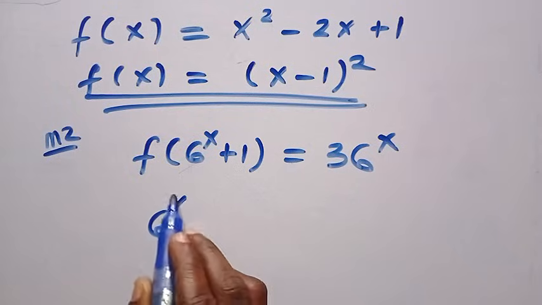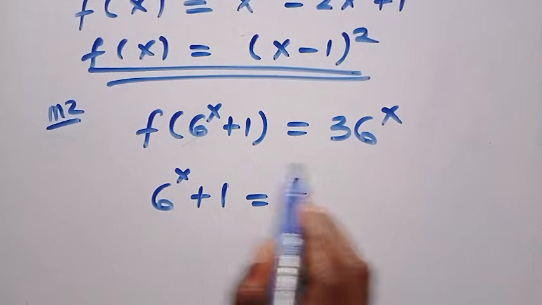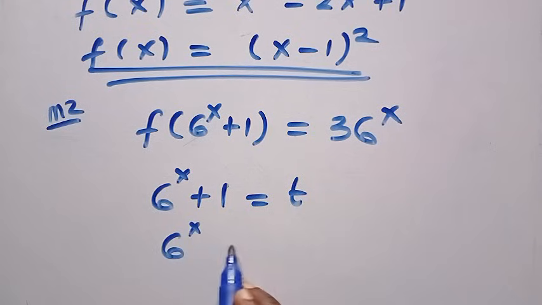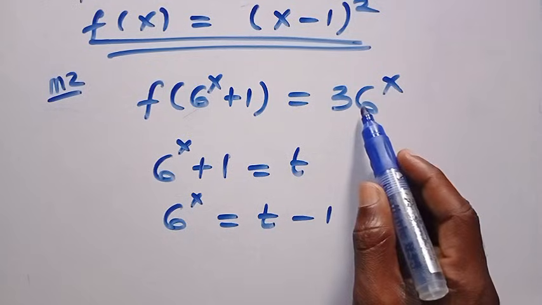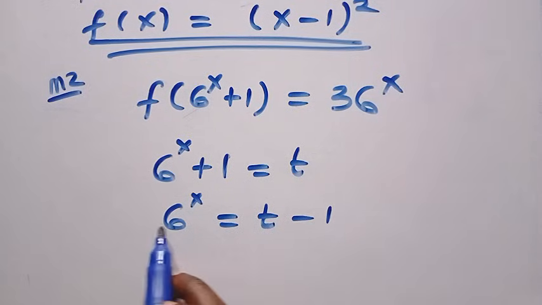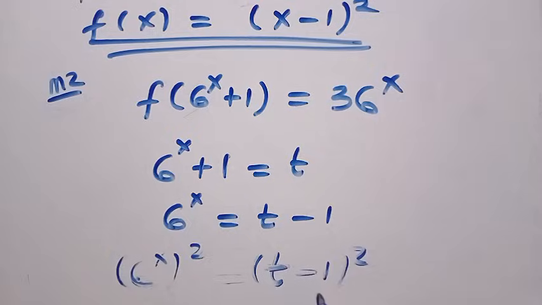So let's say we have 6 power x plus 1 equals t, and we take 1 to the other side. We have 6 power x equals t minus 1. Again, we need 36 here. So let's raise both sides of this to the power 2. So we have 6 power x raised to power 2 equals t minus 1 raised to power of 2.